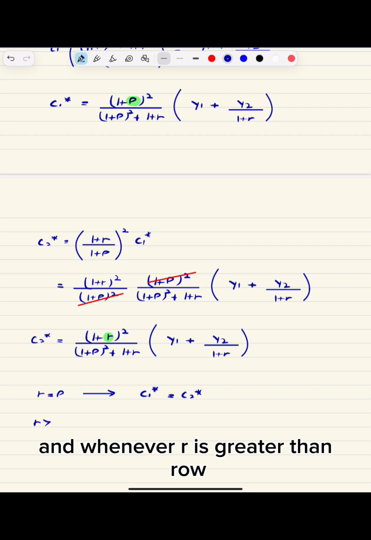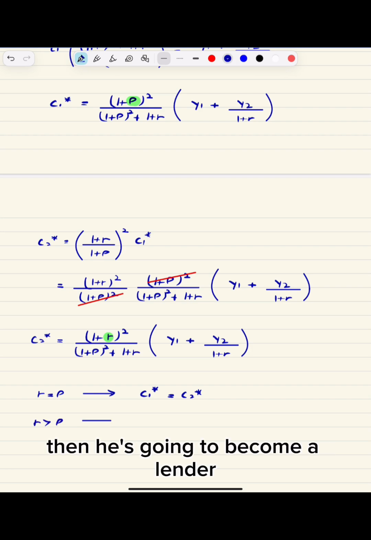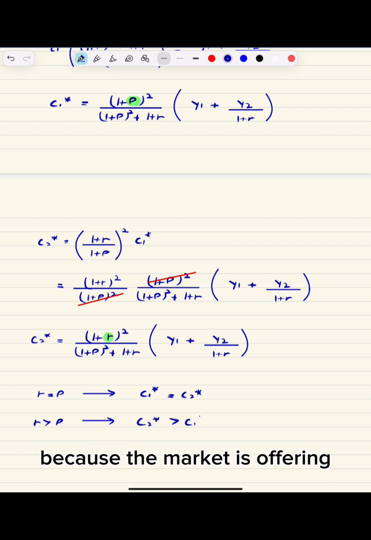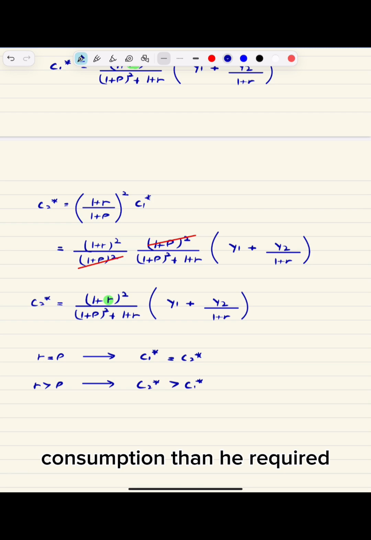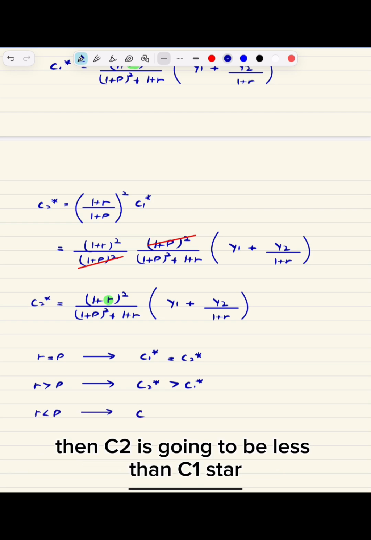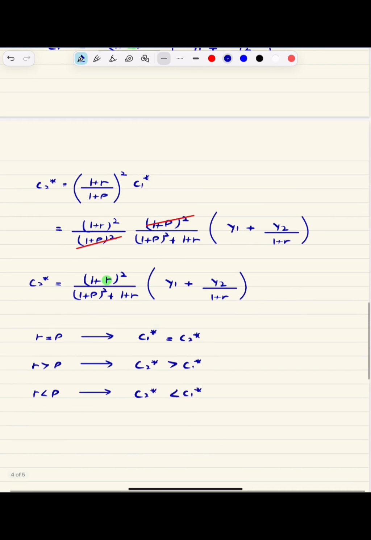Whenever r is greater than rho, he's going to become a lender, because the market is offering much more to forgo current consumption than he required. And whenever r is less than rho, then c2 is going to be less than c1 star.